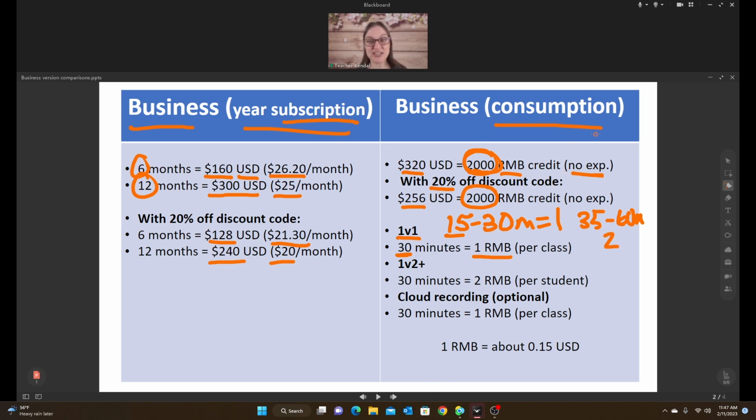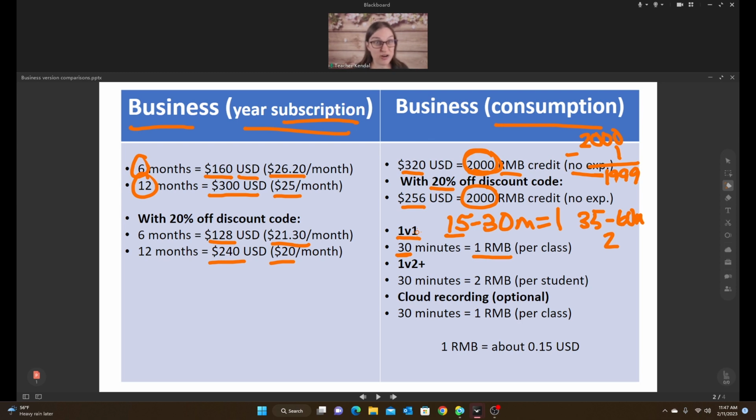So if I'm teaching a class, I have 2,000 RMB. I teach one-on-one for 30 minutes. They just deduct 1 RMB from my ClassIn lunch account. Now I have 1,999 RMB. And again, the next time I teach, it deducts each time you teach a class. So one-on-one 30 minutes is super simple.